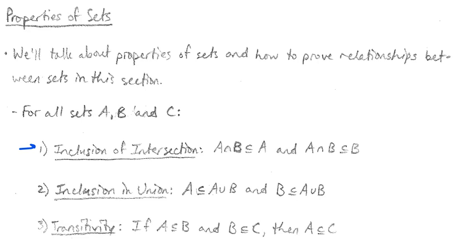So A is a subset of A union B, and B is a subset of A union B. In three, a very common property that we've seen showing up in this course, as well as other math courses, transitivity. If A is a subset of B and B is a subset of C, then we know that A has to be a subset of C.